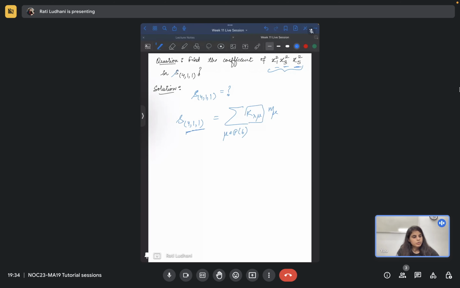Okay, so mu belongs to P6 and K lambda mu we need to figure out. This is the Kostka number, and mu we know. So that is one way to find out. The other way is that you take the summation over, I'll write type T, and what is this?